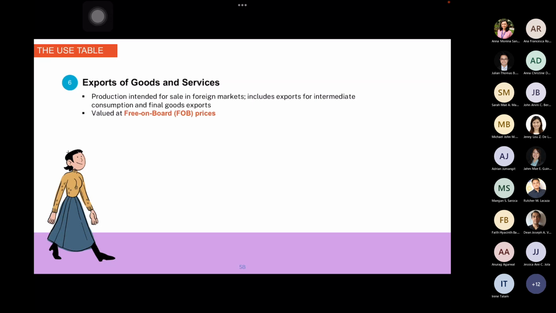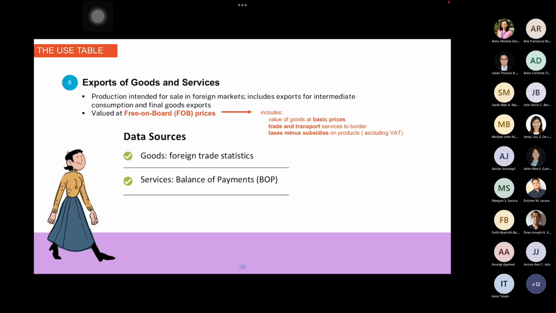And this is also valued at FOB prices, which includes a value of goods at basic prices, the trade and transport services or margins to the border, as well as the taxes less subsidies on products. So data sources to compile these would be, let's say for goods, foreign trade statistics, which is usually reported at a detailed level. And then for services, we can make use of balance of payments data.